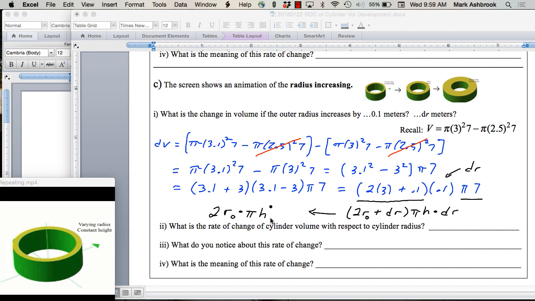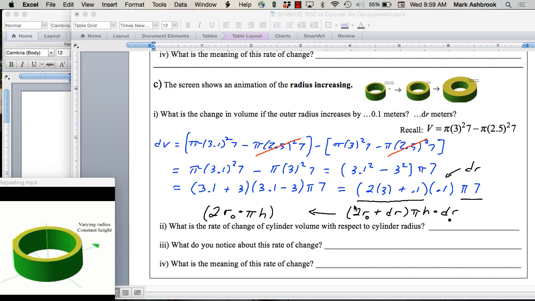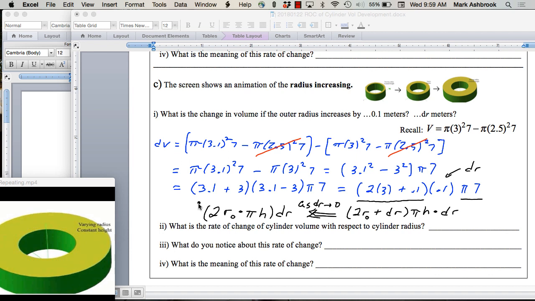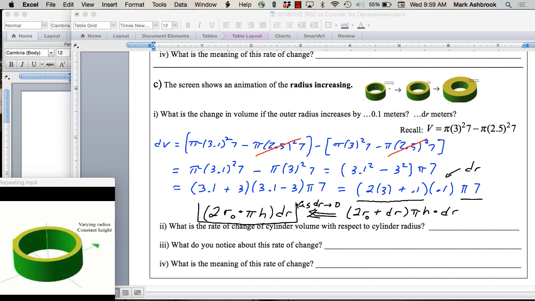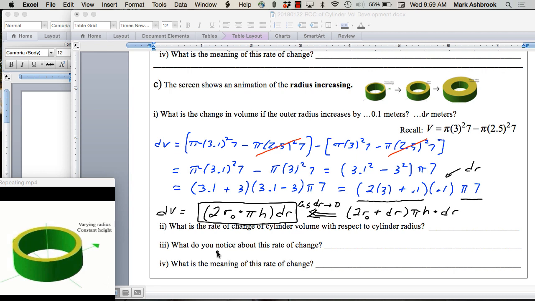Now, this one we need to keep. Even though it gets really super small, almost 0, we need to keep it, because if we let it be 0, then everything goes away, right? So here, then we got dr. So as dr gets small, that whole thing becomes this. So our dV is that. So what's our rate of change? What is the rate of change of volume?